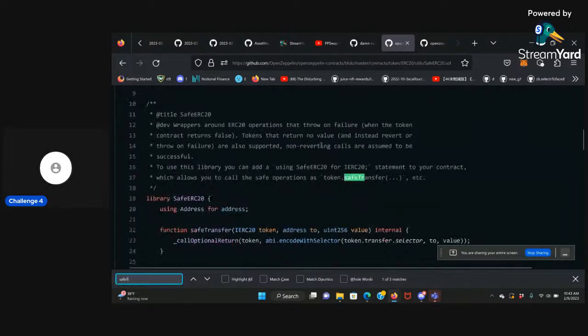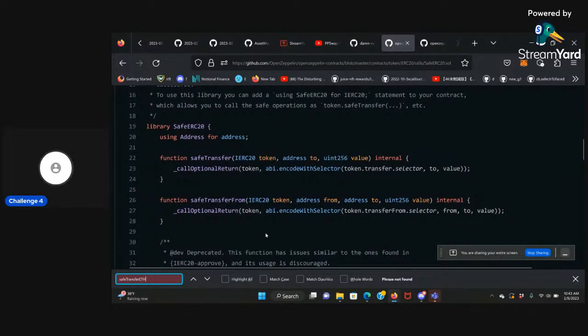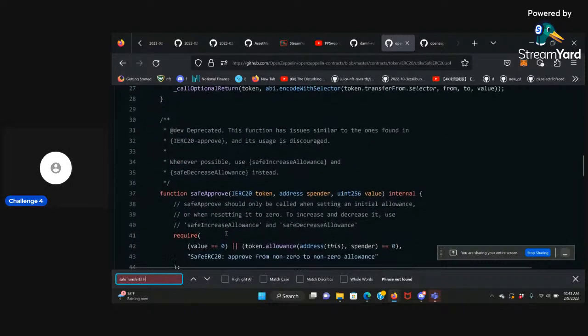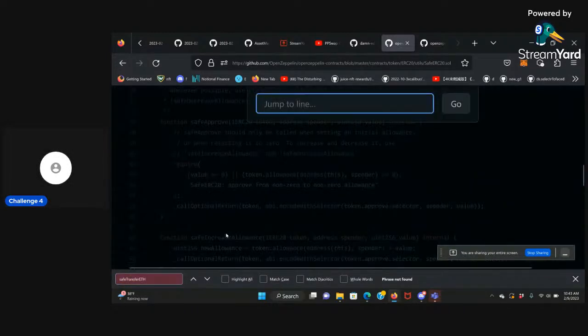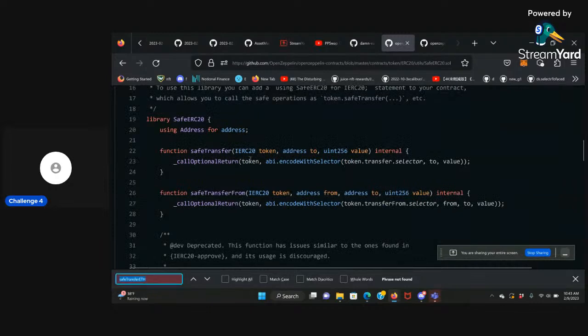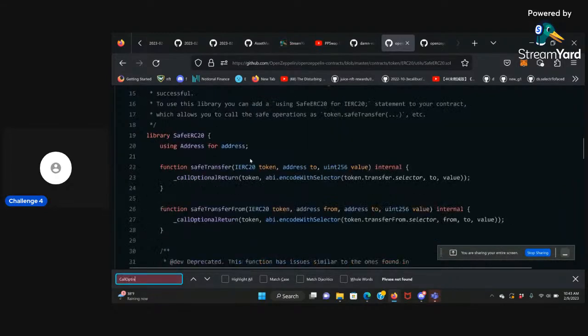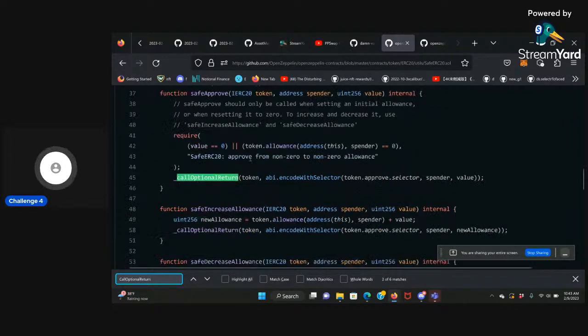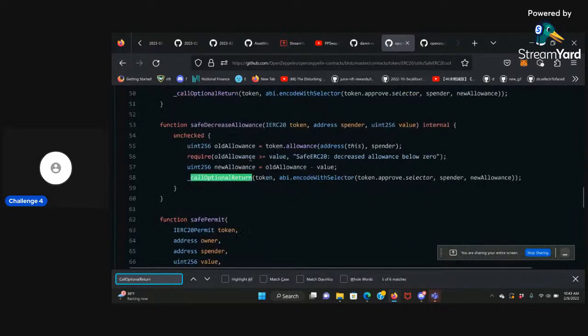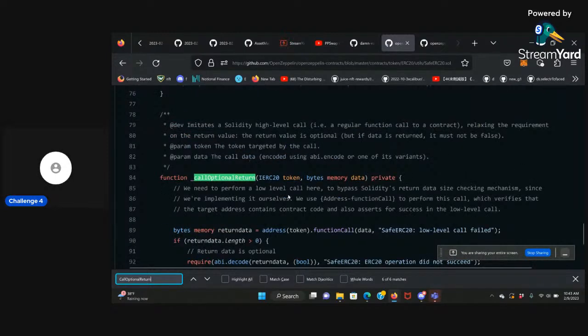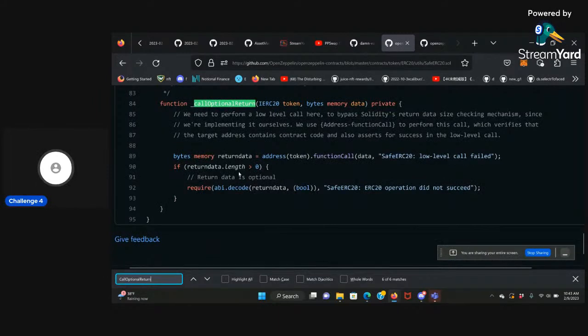So safeTransfer, okay, I don't have this over here. But anyway, to keep it simple, basically, the safeTransfer is going to check the return value, callOptionalReturn. And as you can see over here, it's going to check the return data length.